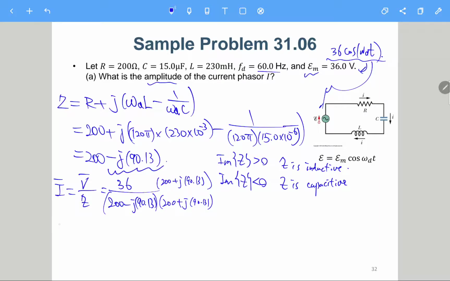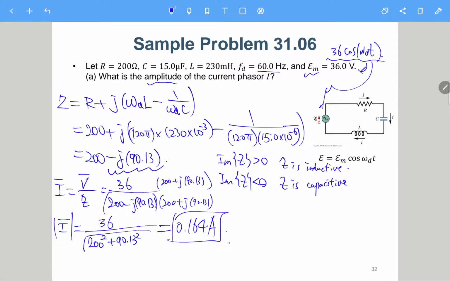But actually you can just find the amplitude by taking the absolute value, which is 36, and then the absolute value of the denominator will be 200 squared plus 90.13 squared, and then take the square root. So this number is 0.164 ampere. This is the amplitude of the current phasor.